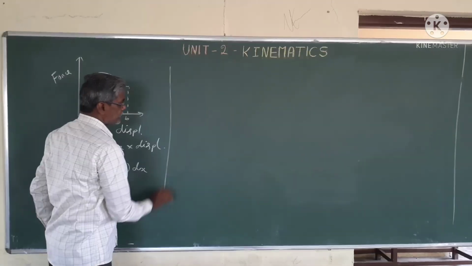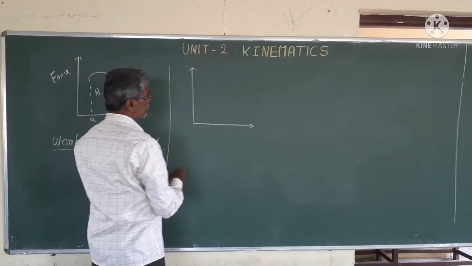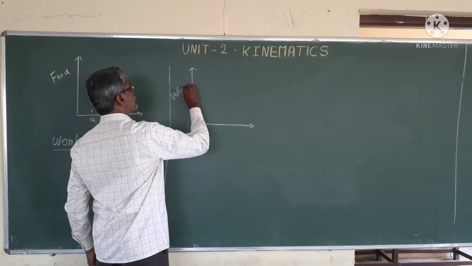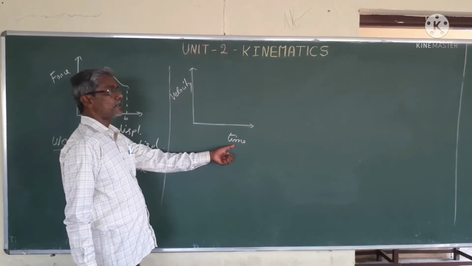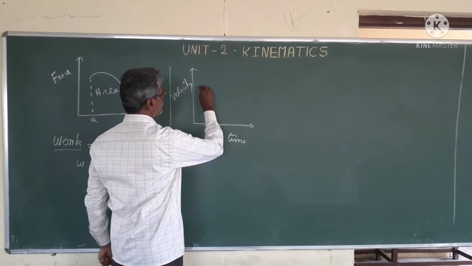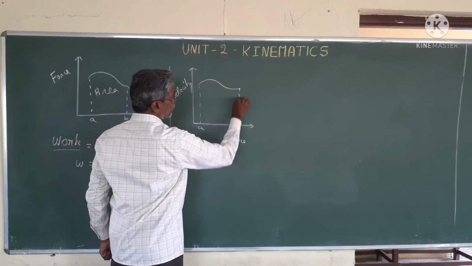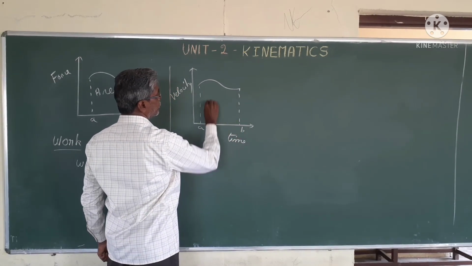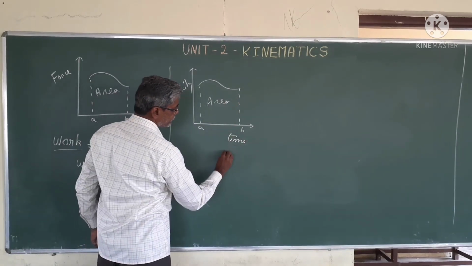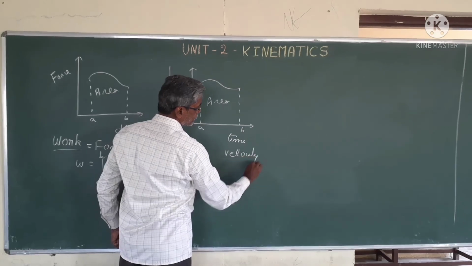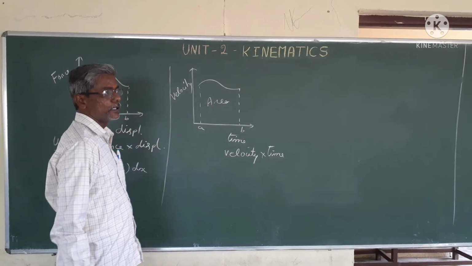Now let us consider another example. Velocity, time. So here time is independent, velocity is dependent. Now I want to find out the area under this curve. So velocity into time will give the area.